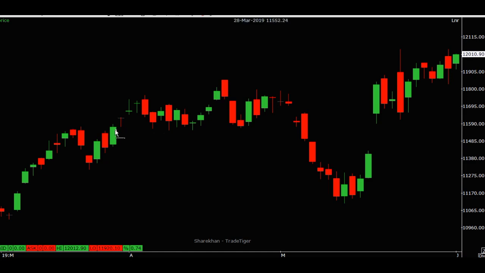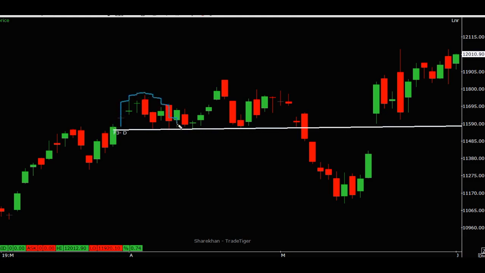So if we see this here, here's my left shoulder, here's the head, and here's the right shoulder, right? It's not that neat of a looking pattern, but it fulfills our criteria, with the left shoulder, the head, and the right shoulder. Okay, so now what are my entry criteria?